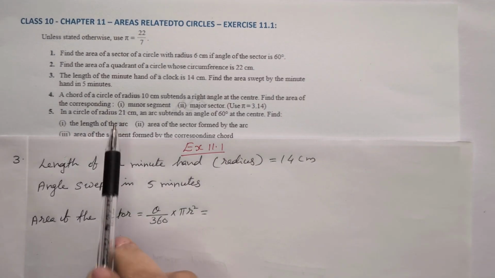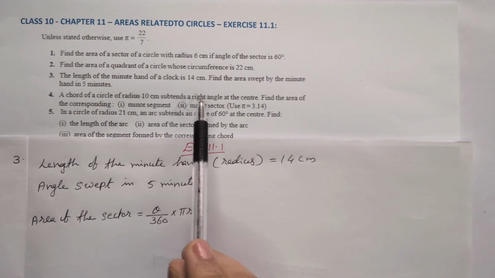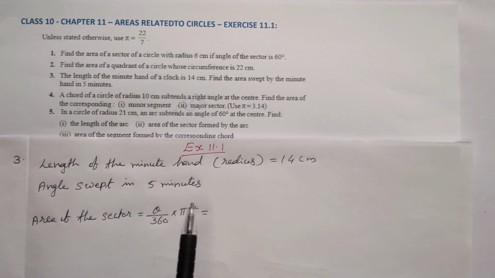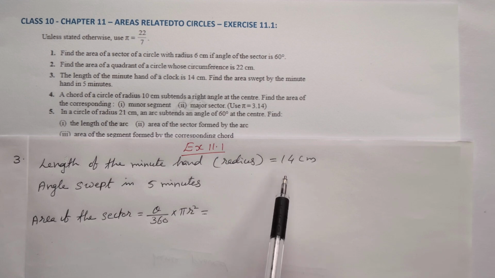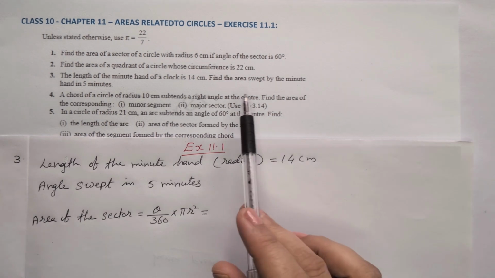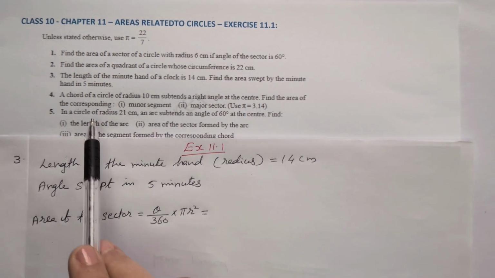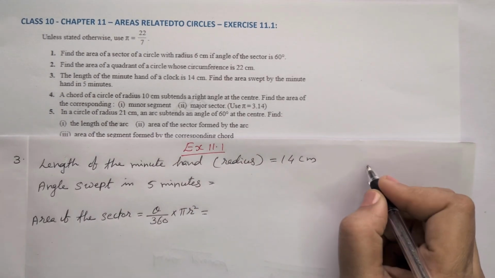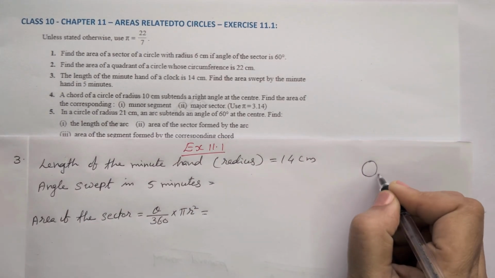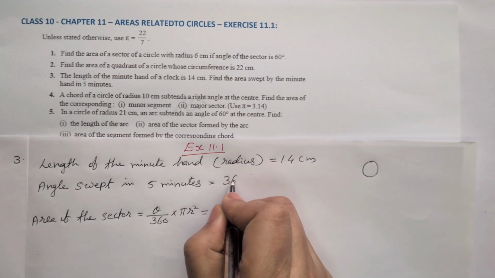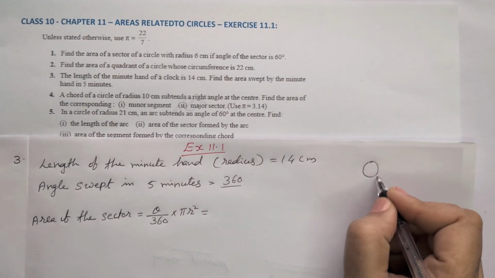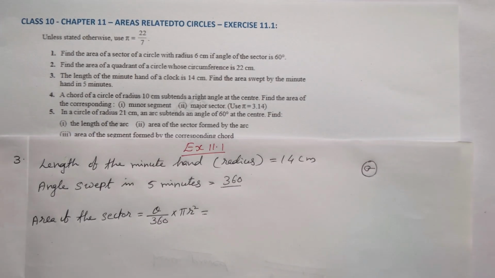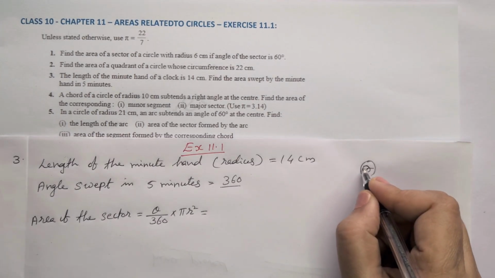Question number 3. Length of the minute hand of a clock is 14 centimeter. Length of the minute hand, that means radius, is equal to 14 centimeter. Find the area swept by the minute hand in 5 minutes. The total angle around a circle is 360, and the minute hand takes 60 minutes to complete the full circle.